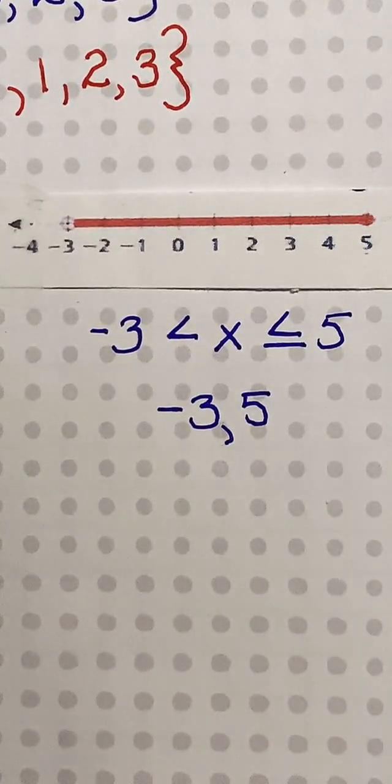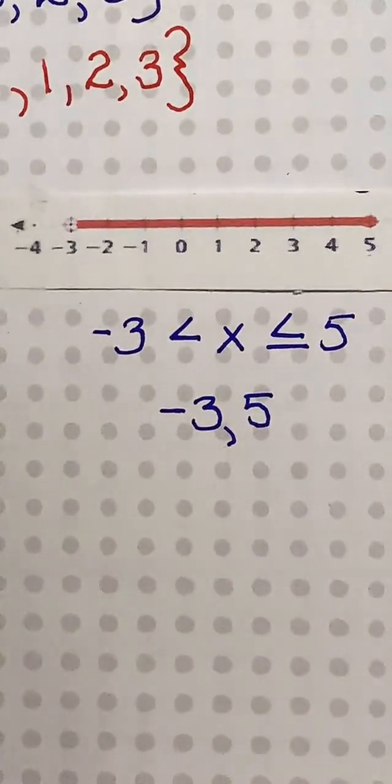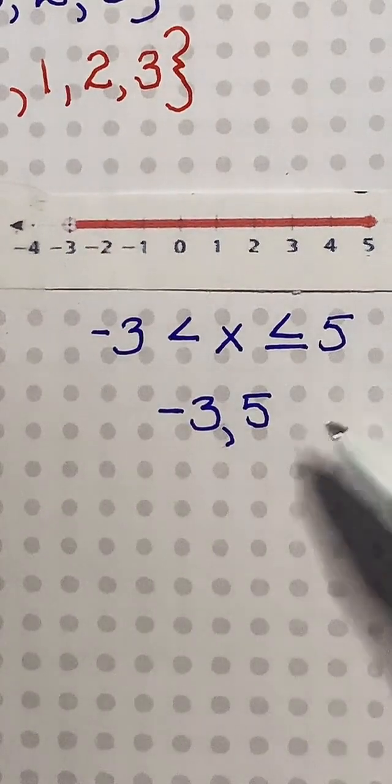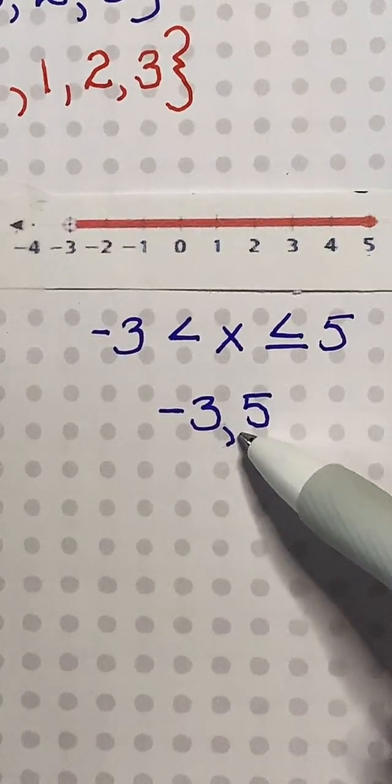So, when do I use a comma and or? When you're doing interval notation, you're using a comma.